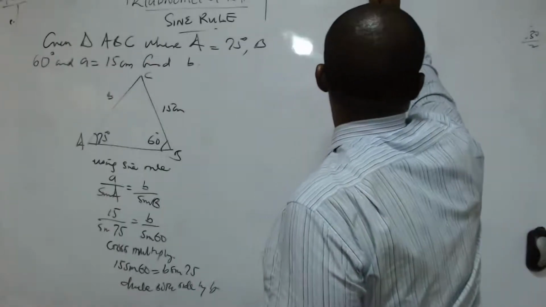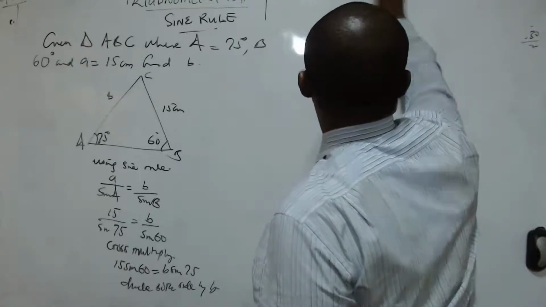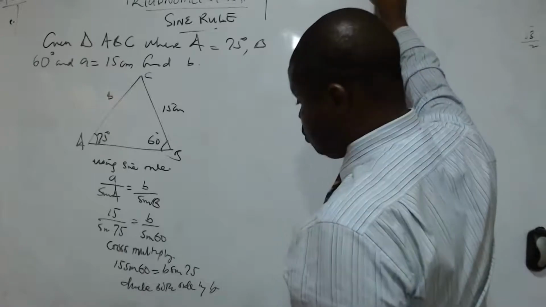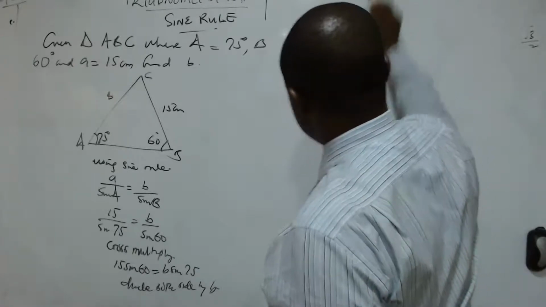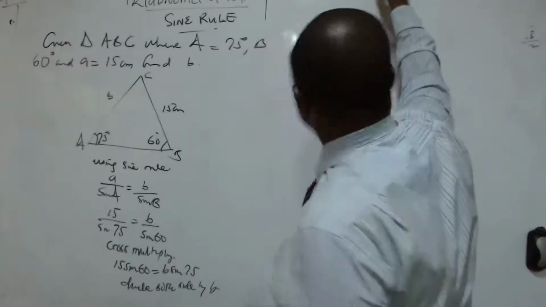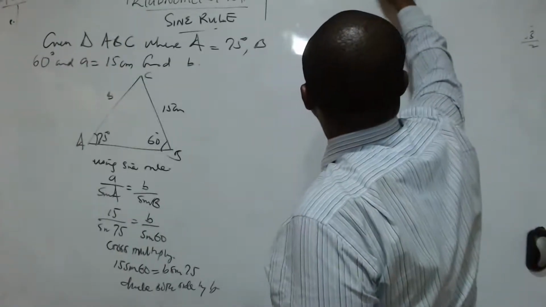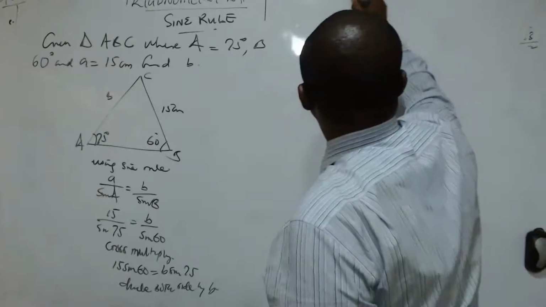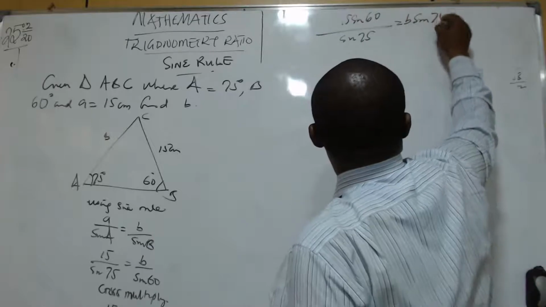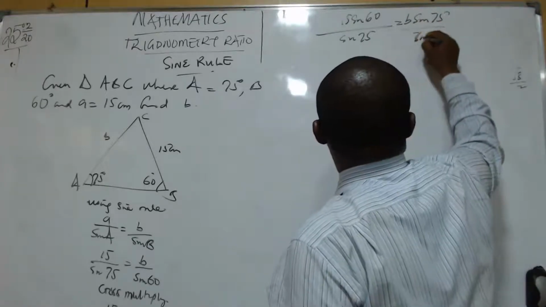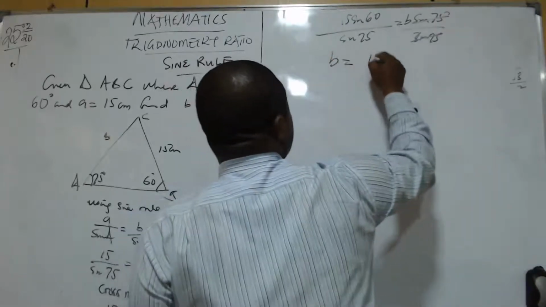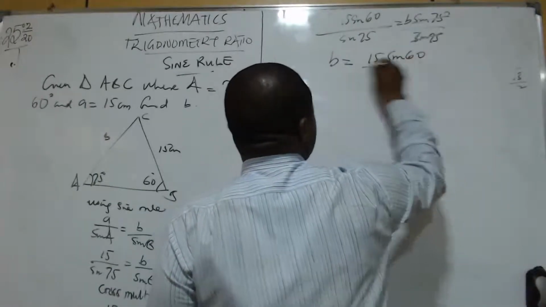Divide both sides by sine 75. So I have 15 sine 60 over sine 75 equals B sine 75 over sine 75. This will go with this, so our B now becomes 15 sine 60 over sine 75.